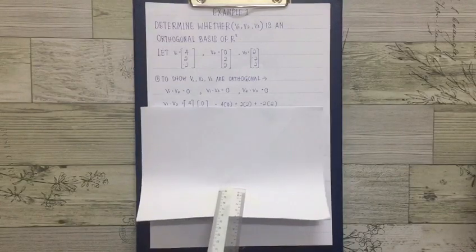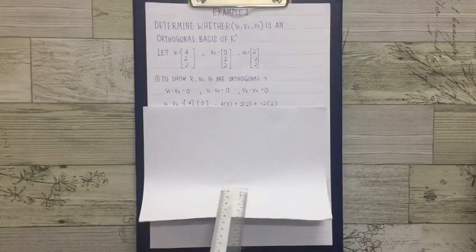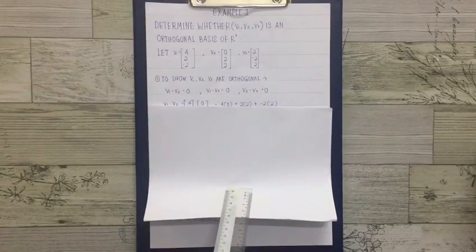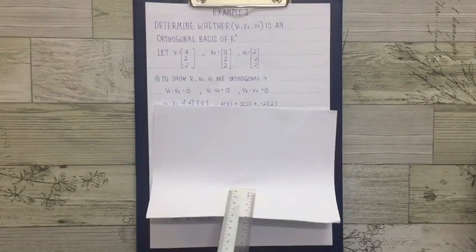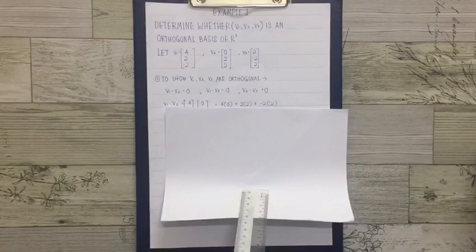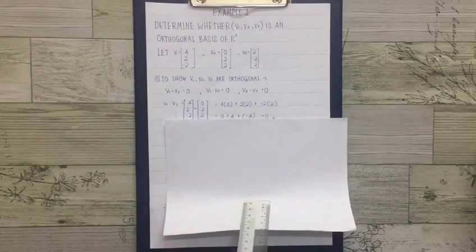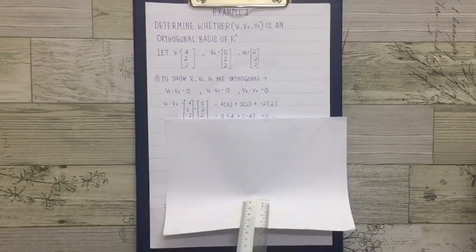V1 times V2 is equal to 4 times 0 plus 2 times 2 plus negative 2 times 2, which is equal to 0 plus 4 plus negative 4, and we get the answer is equal to 0.